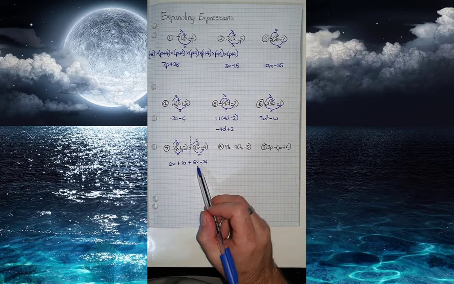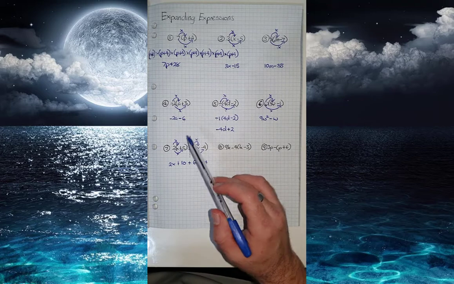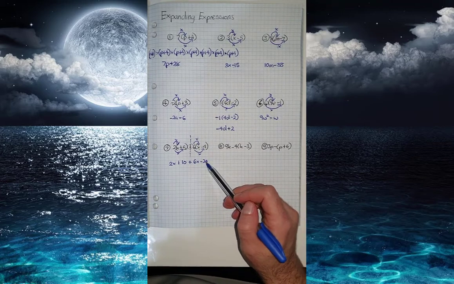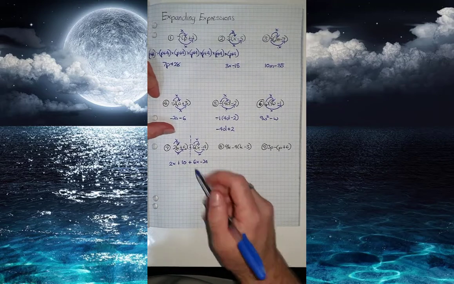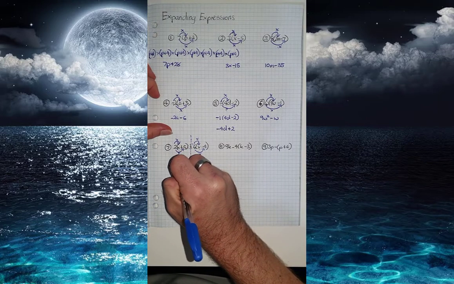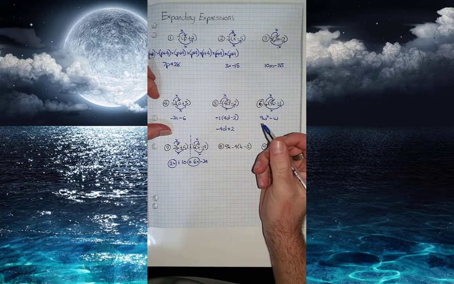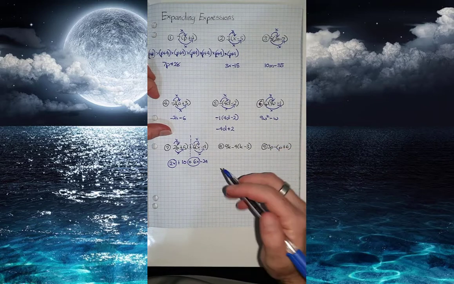Now, this answer looks very different to these answers. We've got to go that one step further and simplify this expression. We know how to simplify this expression because we go back to what we've done in the previous videos. Let's circle our like terms. You can either circle them or highlight them, whichever method works for you.